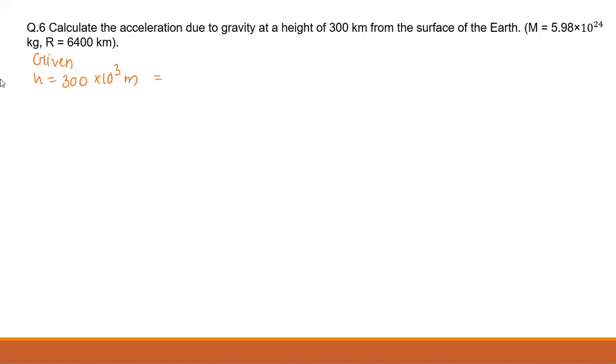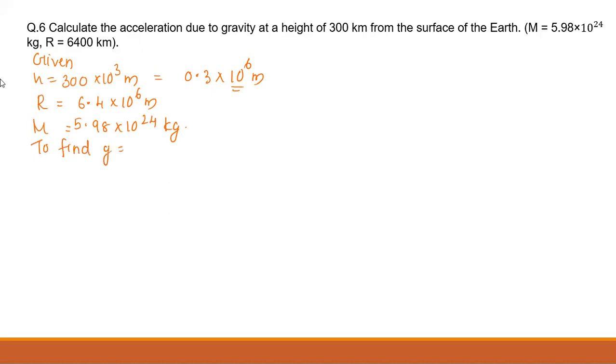Okay, or we can write 0.3 into 10 raised to 6 meter. Okay, now radius of the earth is given, radius is 6,400 kilometer, that is 6.4 into 10 raised to 6 meter. Mass is given, mass is 5.98 into 10 raised to 24 kilogram. Okay, we want to find out the value of g, to find acceleration due to gravity, that is g.